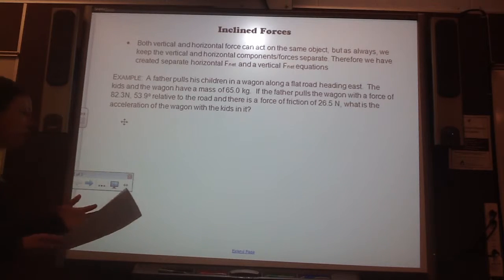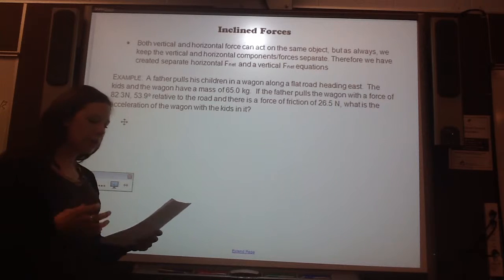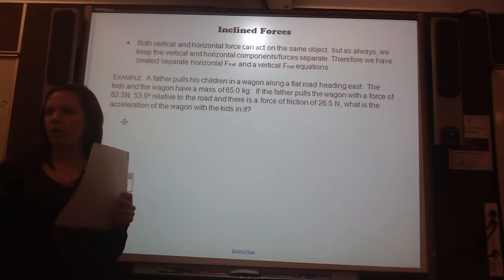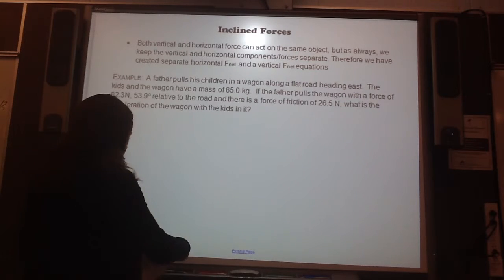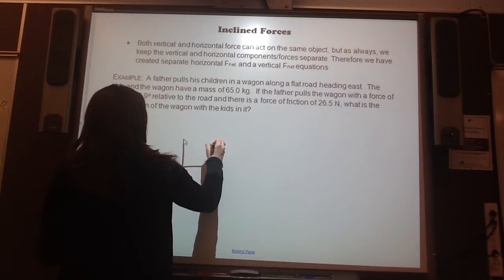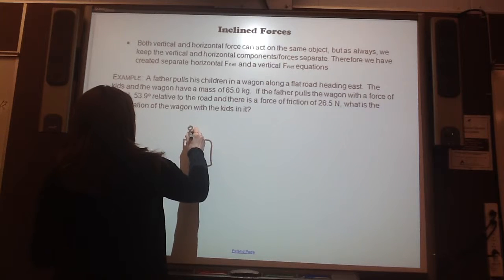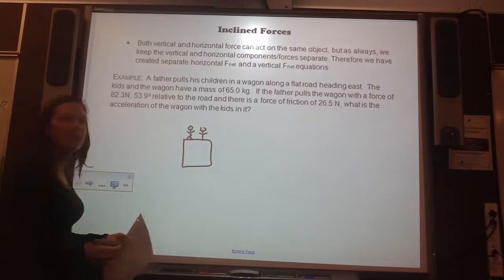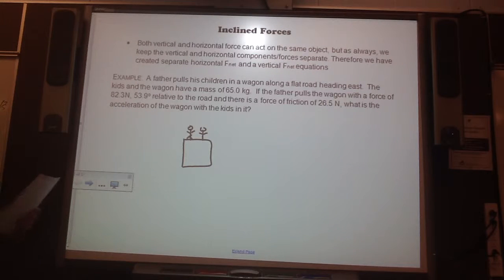Okay, so let's think about this. Let's draw a free body diagram, and then let's just think about the whole concept of it before we start making calculations. So you can draw your box for a wagon, and put some kids in there if you want to, because it's more fun.